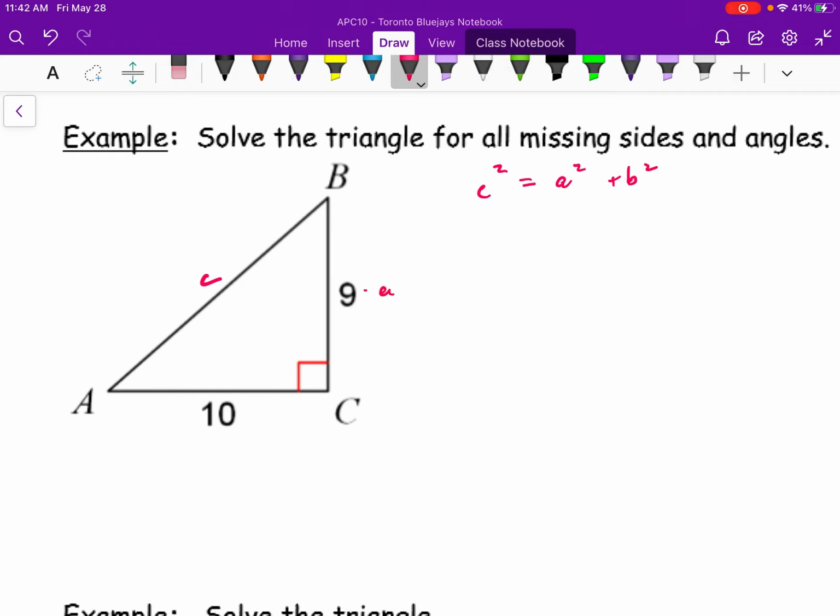If I'm labeling my triangle, this is side A and this is side B. So c squared is equal to 9 squared plus 10 squared. C squared is equal to 81 plus 100. C squared is equal to 181. Therefore, c is the square root of 181, which you and I both know is likely irrational. But regardless, I am going to punch this into my calculator.